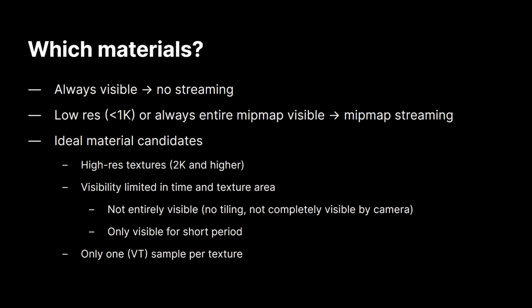And preferably also only sample the texture once in your shader. Again, for a typical character, that makes sense. But let's say you have a noise texture that you sample many times in your shader, then the VT sampling cost might be measurable and too expensive to use VT.